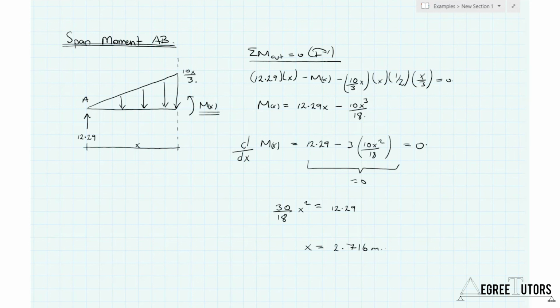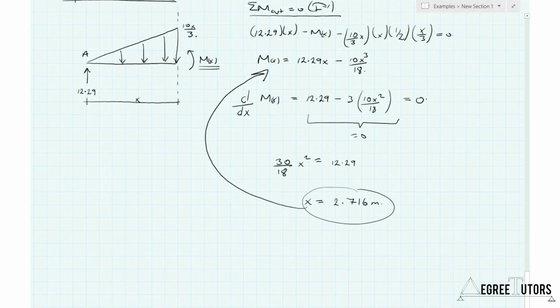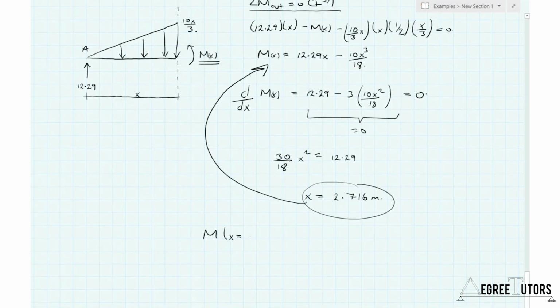I'm going to take that value of x and plug it back in to determine the actual value of the bending moment at that location. When you work it out, it gives you 22.25 kilonewton meters. Now we can do the exact same exercise for member BC to work out the span moment in that member.